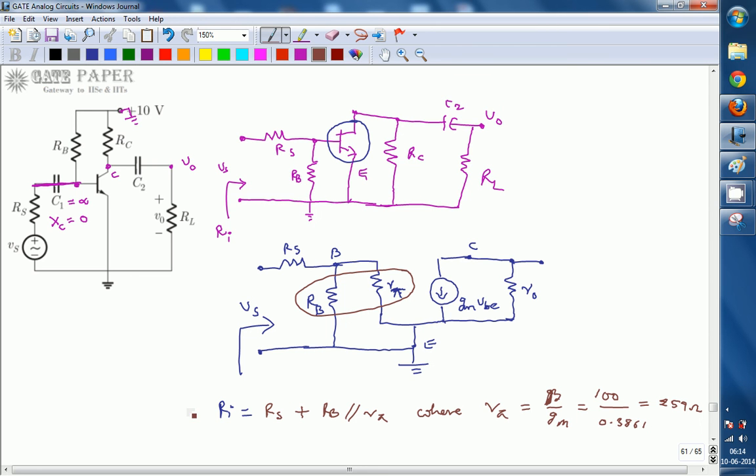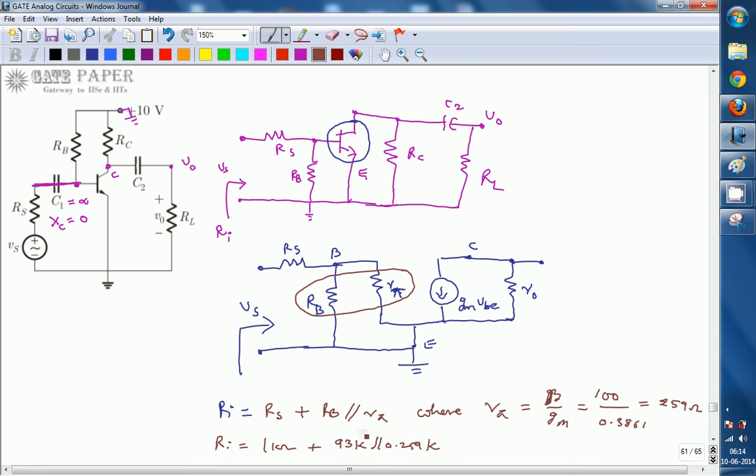So now Ri is equal to RS, which is given as 1 kilo ohm, plus RB, which is 93 kilo ohms, in parallel with 0.259 kilo ohms.